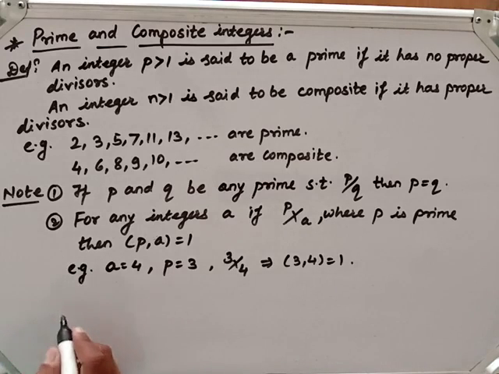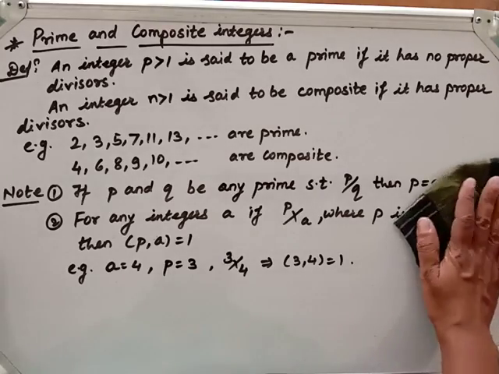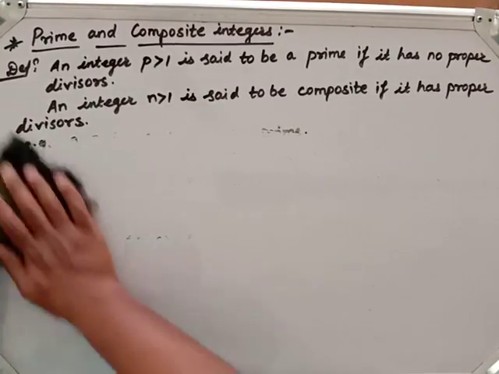Now here I want to take one example which you are already familiar with. Still we should take it here. Suppose P is a prime number, then square root P is an irrational number. Later on we will go for the next properties.